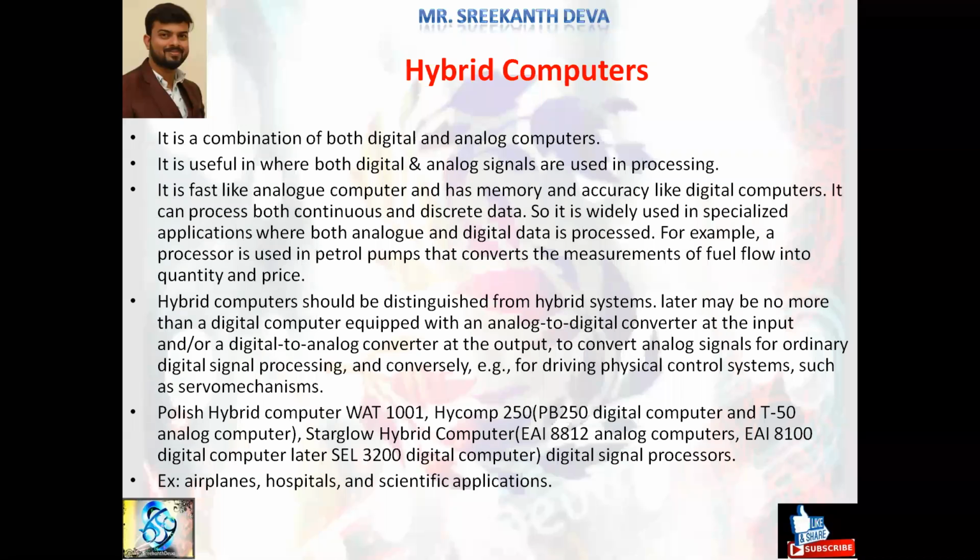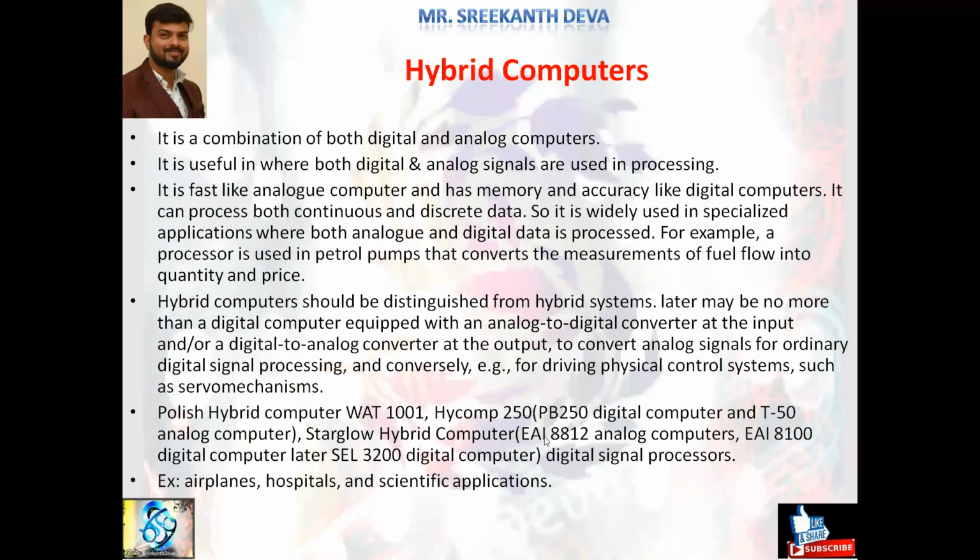For example, for driving physical control systems such as servo mechanisms. So conversions like analog to digital converters and digital to analog converters are required at the input and output. Polish hybrid computers like VAT 1001, HiCom 250. These are all examples of hybrid computers.